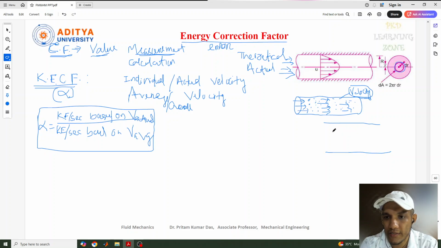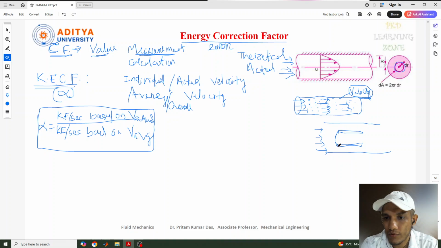This is the pipe, and here the liquid is flowing, and we can consider another cylindrical element.